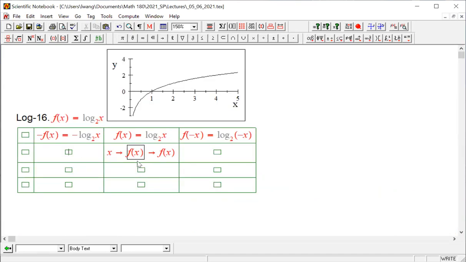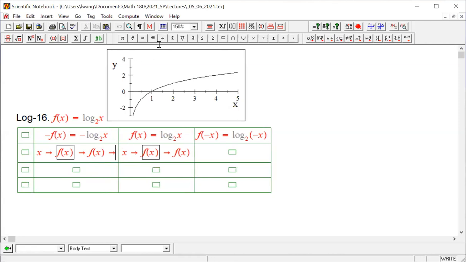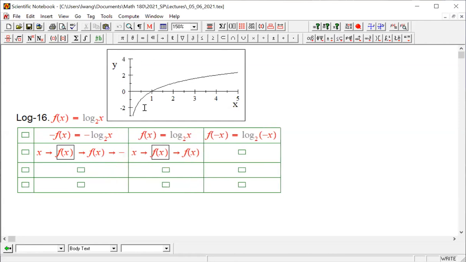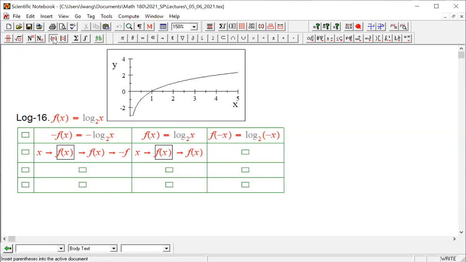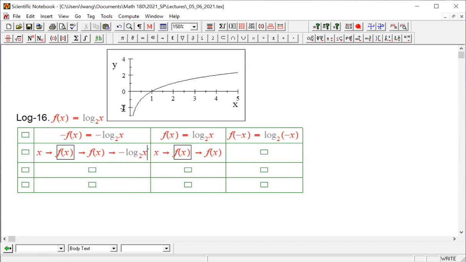On this one, we have this still, and we're going to put a negative sign in front of it. We put a negative sign after we get the output. That is the negative of log base 2 of x. Is that clear, everybody?